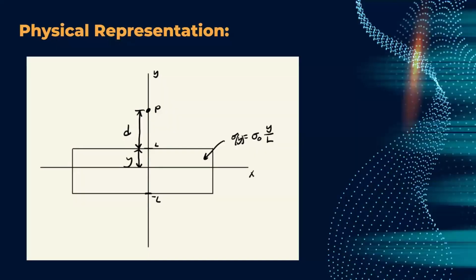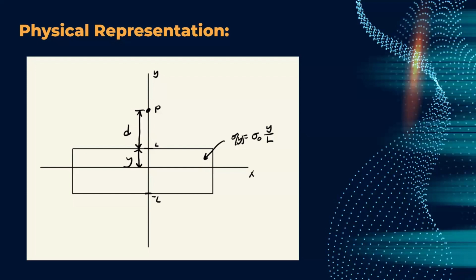This now brings us to our physical representation. We can put our physical representation on an XY coordinate frame. As you can see, the wire is located at the origin, where we have a distance of L in the y direction upward and a distance of negative L in the y direction downwards.